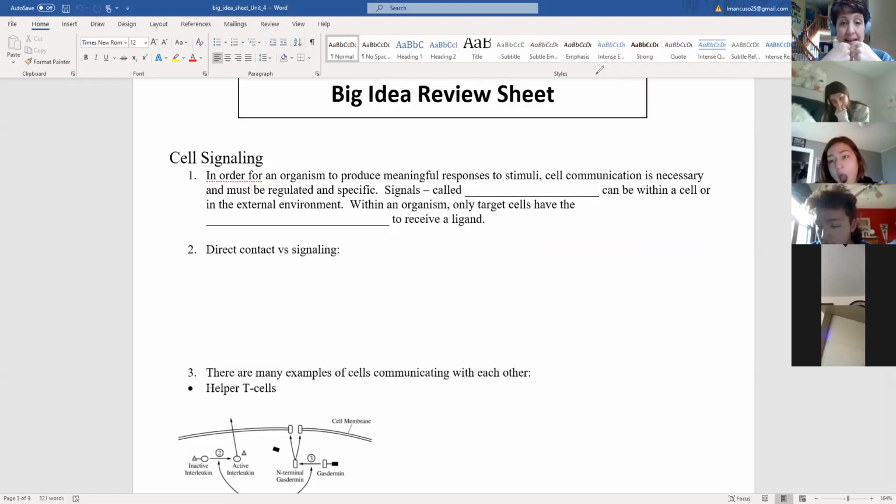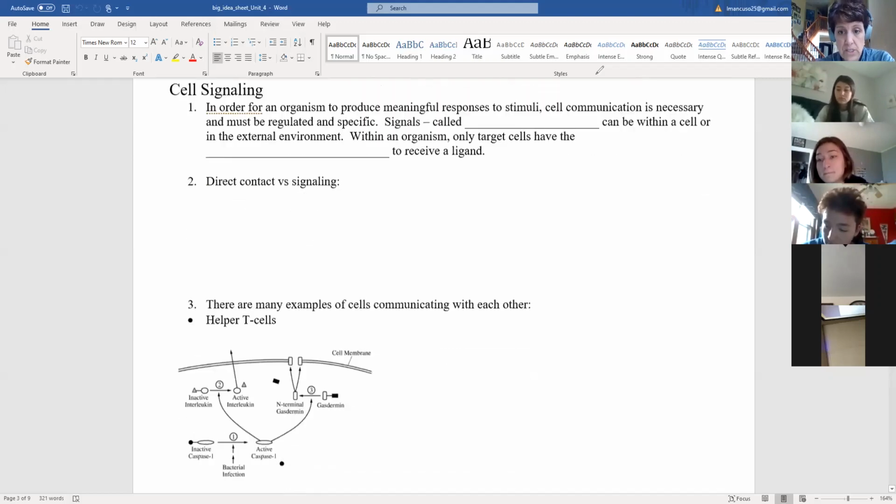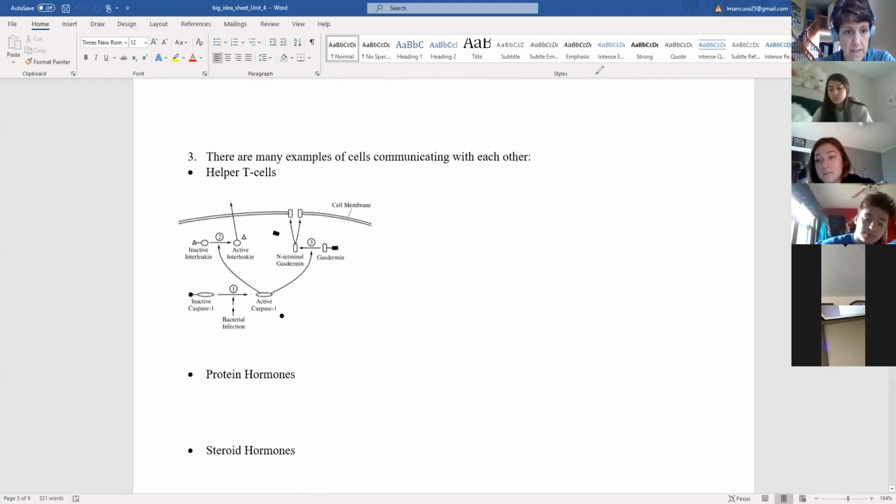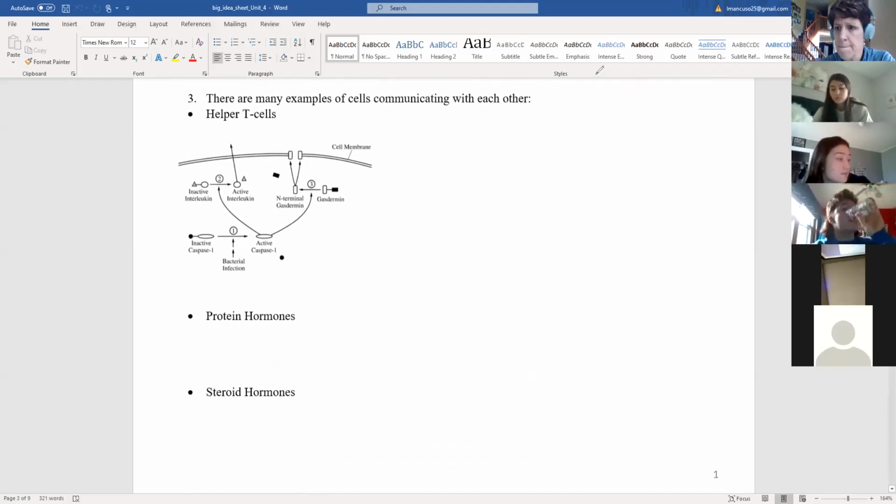So it comes in direct contact with helper B cells, and those helper cells are going to say, okay, I need to make all these chemicals to warn other cells. The chemicals they make go into your blood. So that's not direct contact, that's signaling. If it's cells touching each other, that's direct contact, versus a signal, which is when it sends out molecules like hormones, interleukins, things like that.